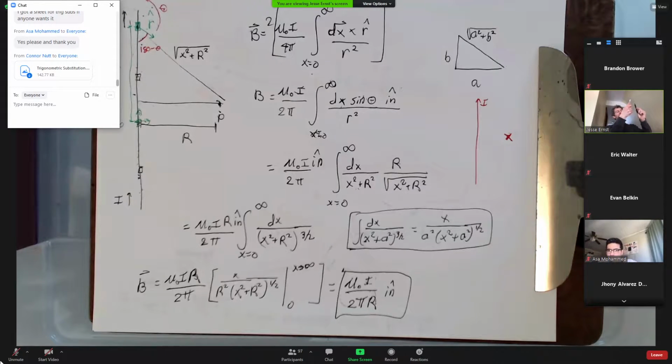So if you had to guess, what would you guess the B field was over on this side? You might guess it's also in toward you, but that'd be strange. It would violate common sense symmetry.